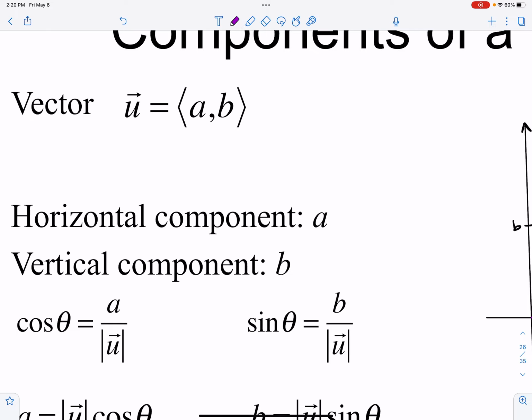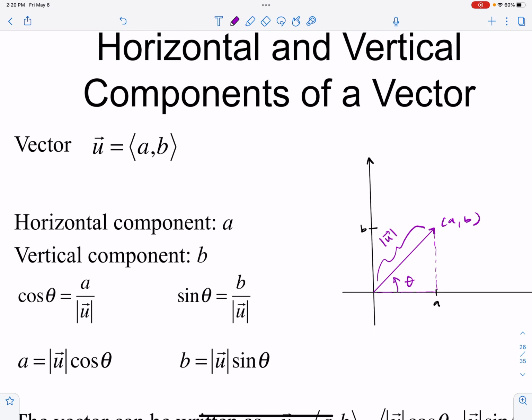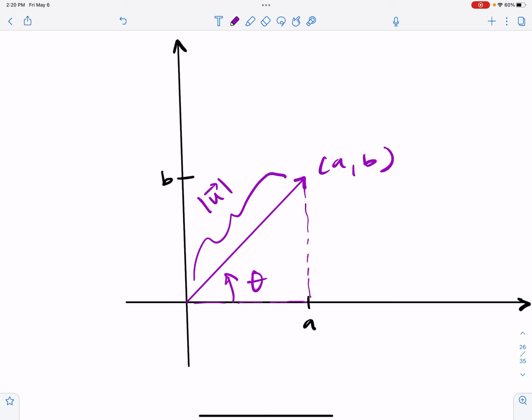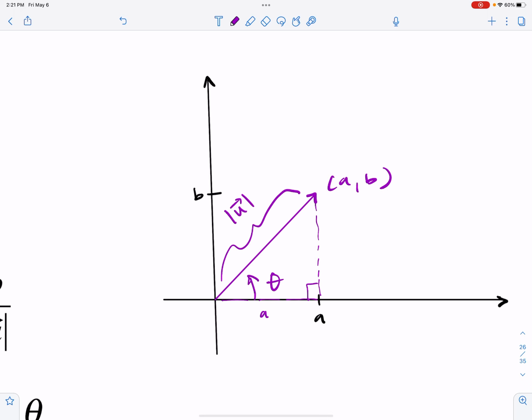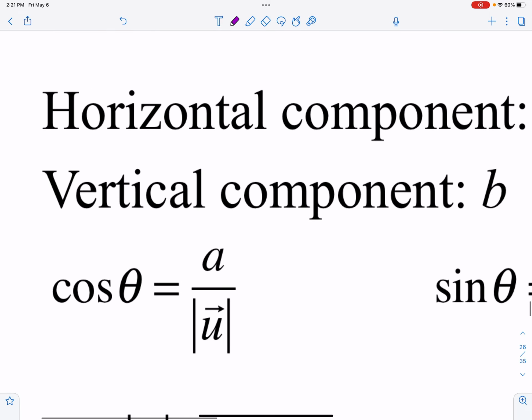Knowing that, if we think SOHCAHTOA, right? In this picture, where we have a right triangle, cosine would be equal to the side adjacent over the hypotenuse, which would be A over the magnitude of u.